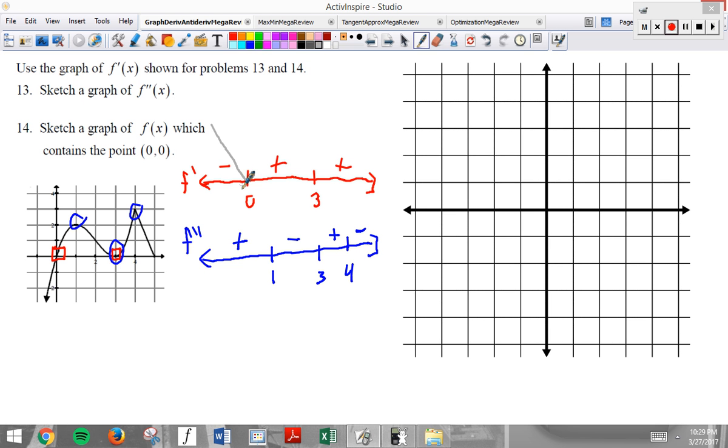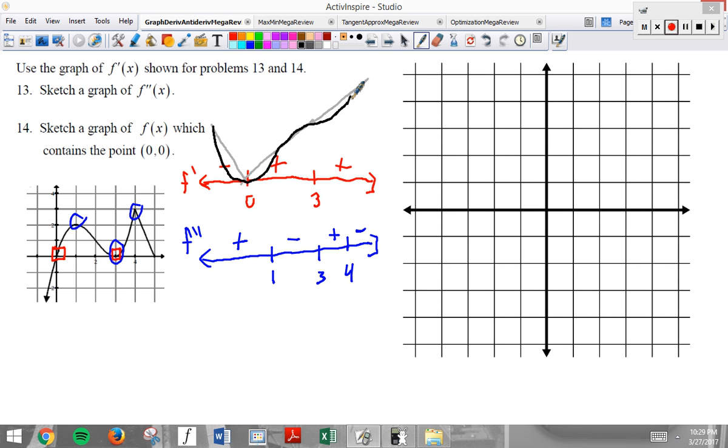Down. Increasing. With the fake out to be increasing. Okay. Concave up. Switching to concave down at 1. Switching back to concave up at 3.